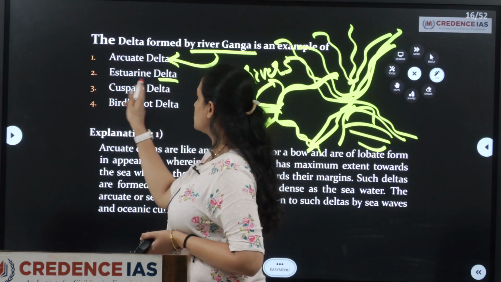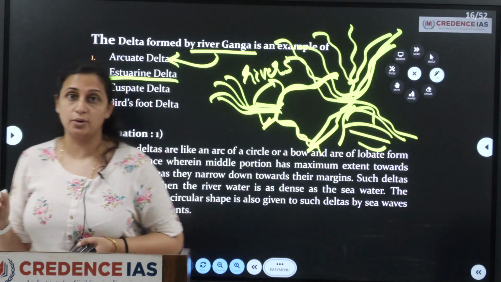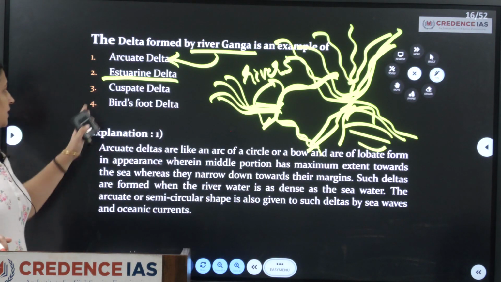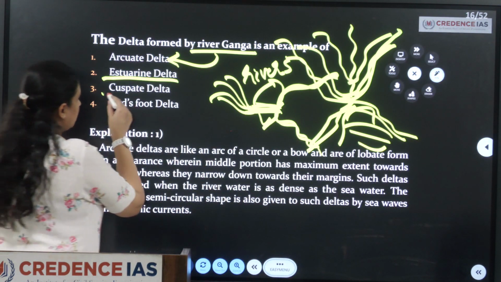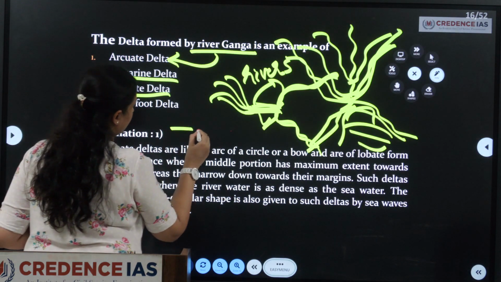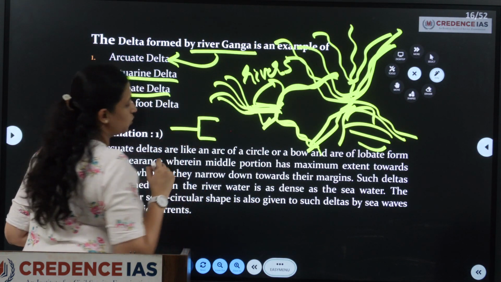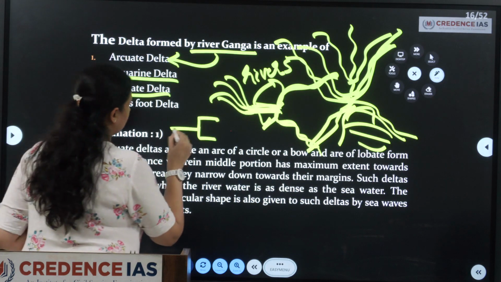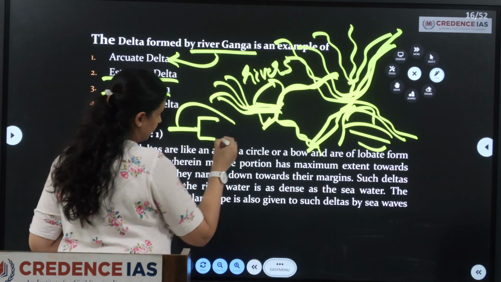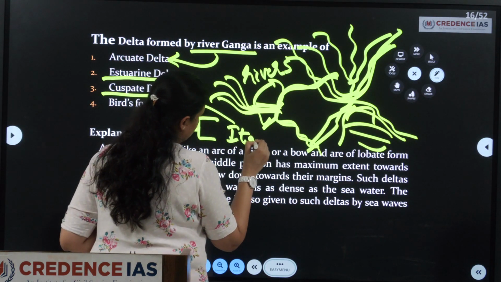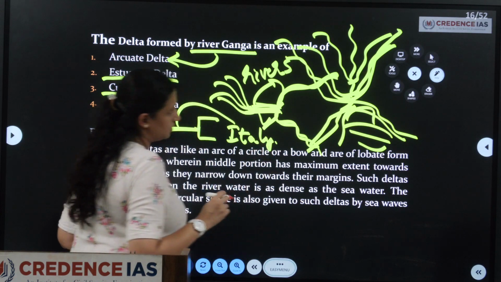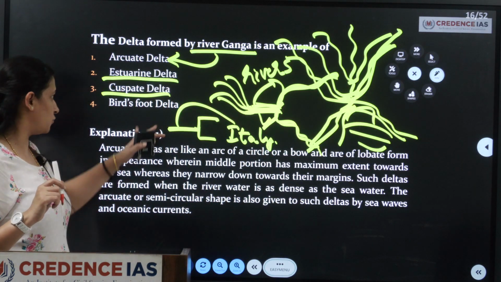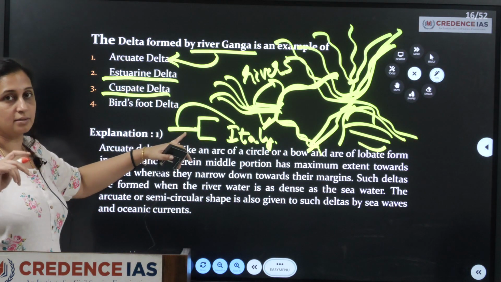Estuarine delta is usually formed by the west flowing rivers. And cuspate delta will be like a tooth shaped delta. For this, one example is in Italy. In the next class I will give the example of the river name.